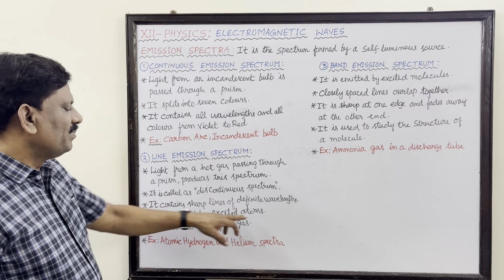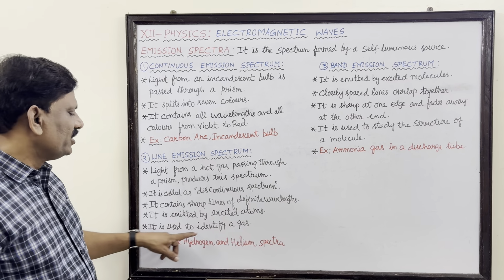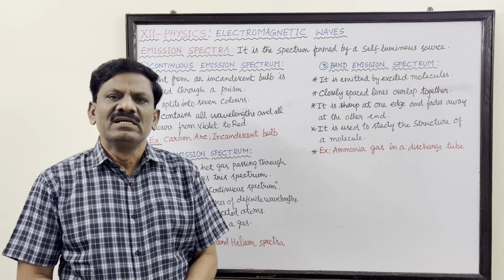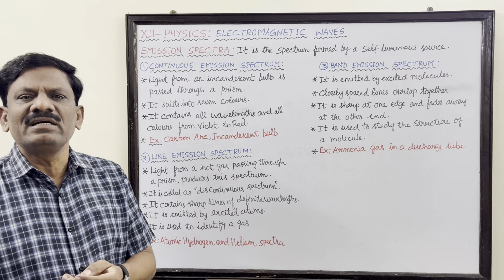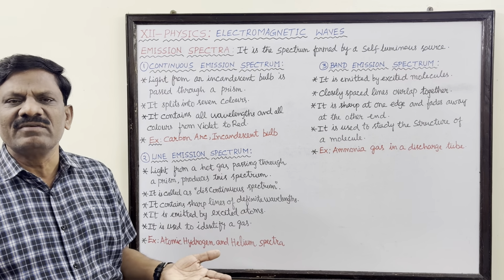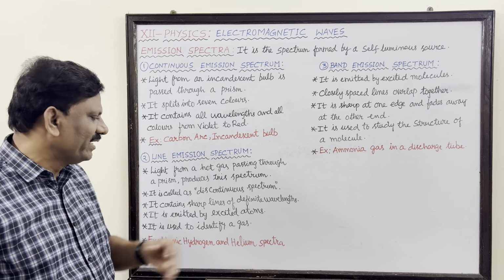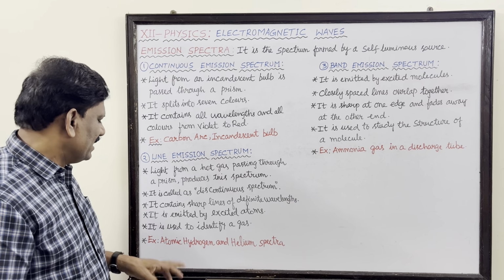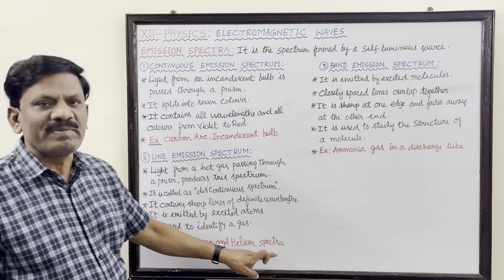It is emitted by excited atoms in a discharge tube and it is used to identify a gas. If you compare the standard spectrum with the spectrum emitted by some element, the element can be identified. Examples are atomic hydrogen and helium spectra.